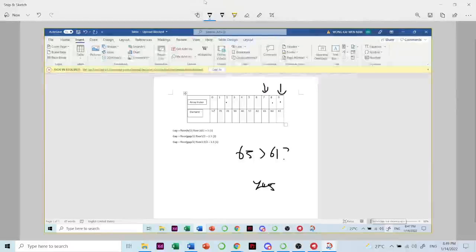Yes, then there's no need for a change in place. Now let's try one last example, number 8.